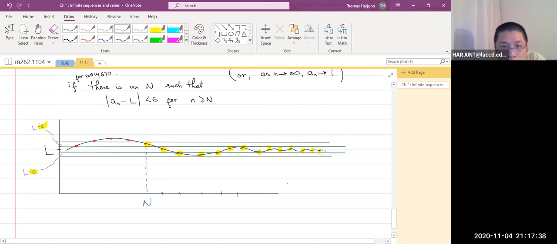And from here, I see that my capital N now will start from here, such that any terms after that will stay within that band.